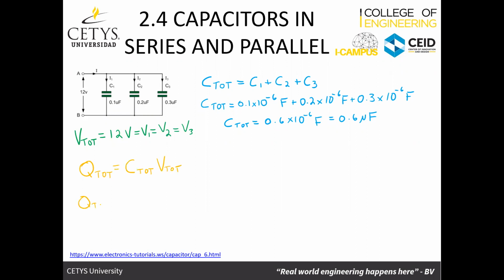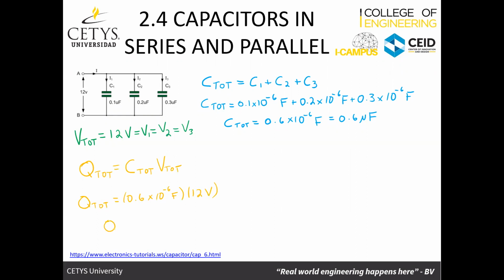And we know that that charge in the end is going to be distributed. So the total charge is going to be the total capacitance, which is 0.6 times 10 to the minus 6 farads, multiplied by the total voltage, which is 12 volts.